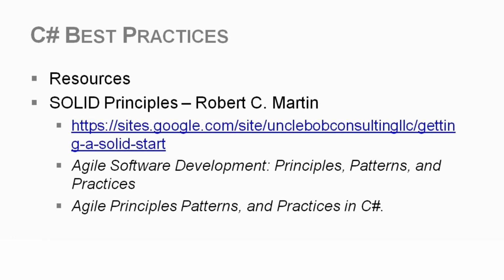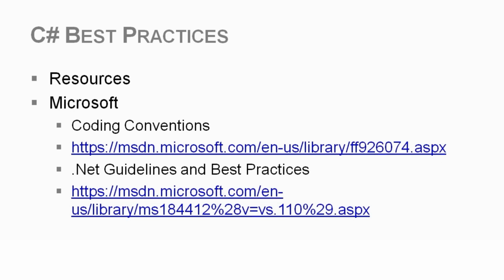First of all, we have the book for SOLID principles, and the website, and the initial paper. So these resources will give you even more information about object-oriented programming and good SOLID patterns. Microsoft, of course, has a lot of documentation, and they have their own coding conventions, a number of which we discussed.